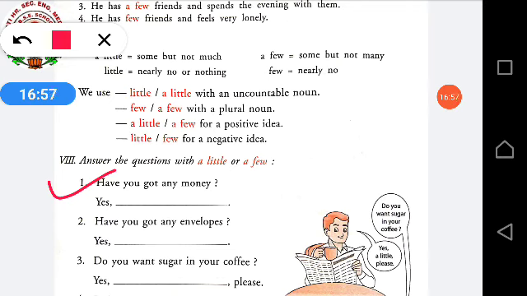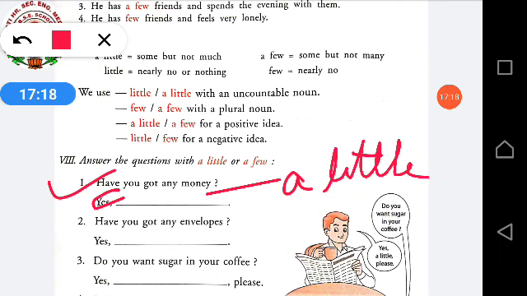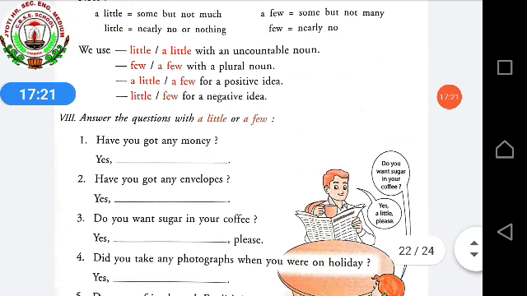We can count rupees but we cannot count money because we do not know how much money a person is having. So, have you got any money? Yes, a little, because it is uncountable and positive. So what will come over here? A little.